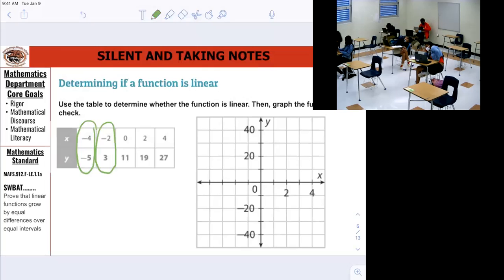Let me see you guys writing. I see a lot of heads down in the classroom. What's going on inside of there? Come on. Oh, hold up. Sorry. It's loading.